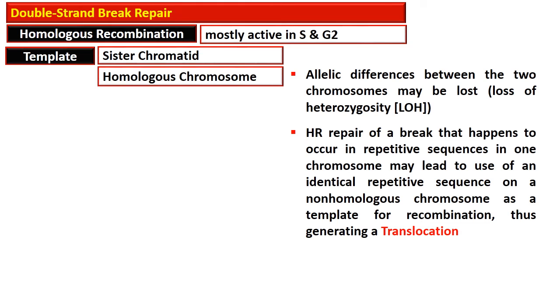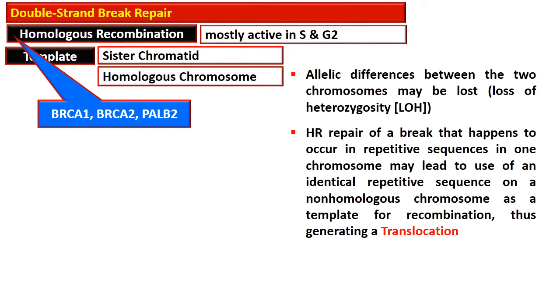Thus, this generates a translocation. Several genes such as BRCA1, BRCA2, and PALB2, whose protein products are important for homologous recombination, are often mutated or inactivated in many tumors. This may occur as part of inherited cancer or may occur epigenetically during oncogenesis.